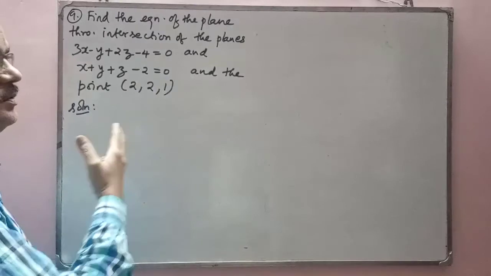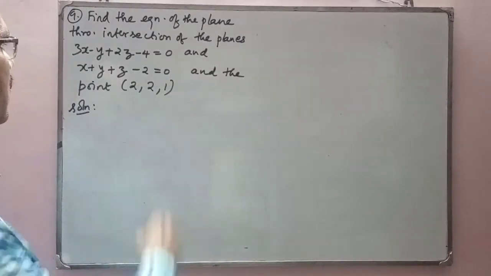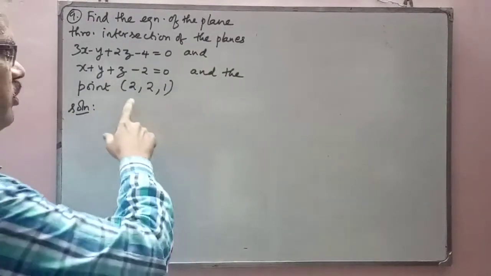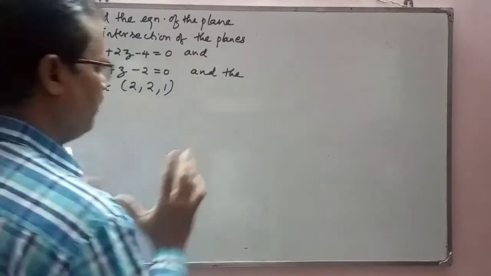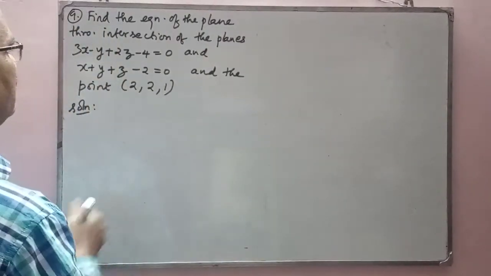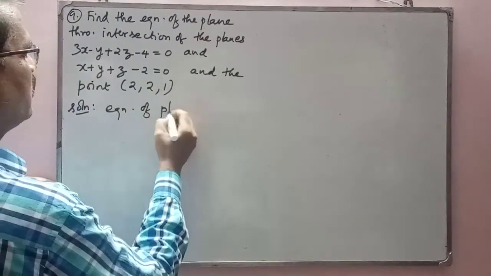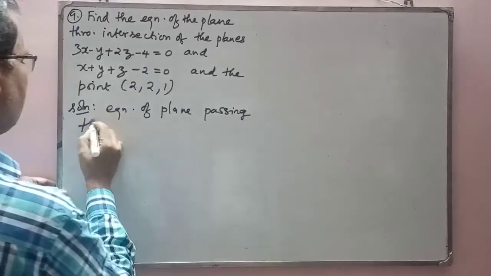This is the 9th question. Find the equation of the plane through the intersection of the planes. Two planes are given and then a point; our plane also passes through the point. This type of question is very important. They are asked in 6 marks, so it is very easy to do the problem. First, let us write the equation of a plane passing through the intersection of two planes.